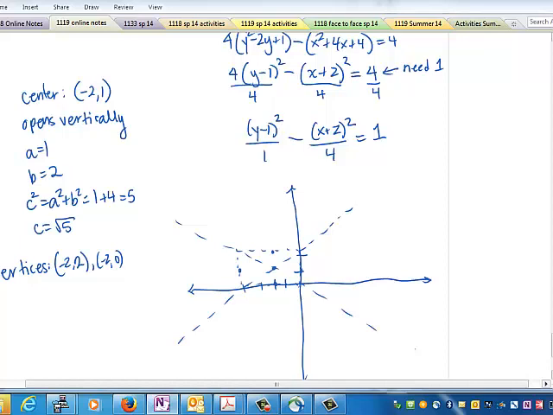So we've got the vertices, and now we can find the foci. Sorry, there aren't any foci in ellipses. Let's get next the equation of the asymptotes.